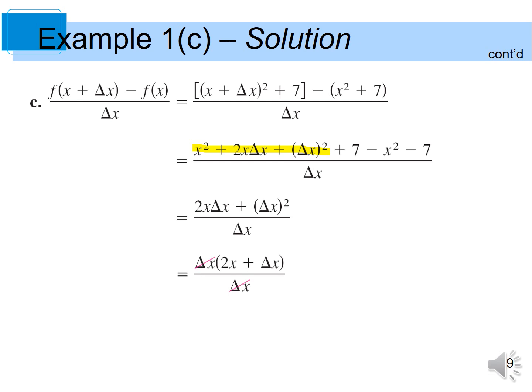Then you simplify the delta x. So lastly, our answer is 2x plus delta x. And you need to state delta x not equal to 0, because when delta x equals 0, this expression is undefined.